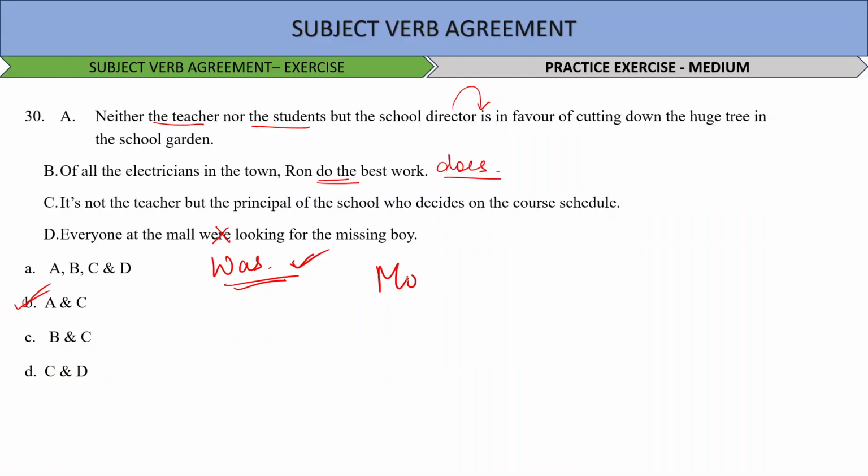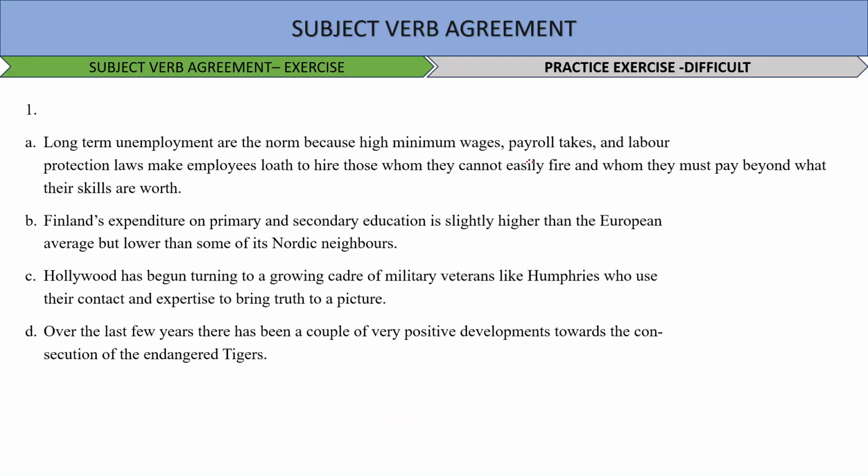Long-term employment are the norm because high minimum wages, payroll taxes and labor protection laws make employees loath to hire those whom they cannot easily fire and whom they must pay beyond what their skills are worth. Finland's expenditure on primary and secondary education is slightly higher than the European average but lower than some of its Nordic neighbors.